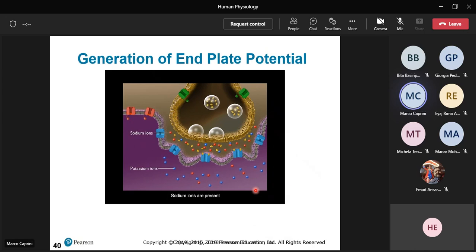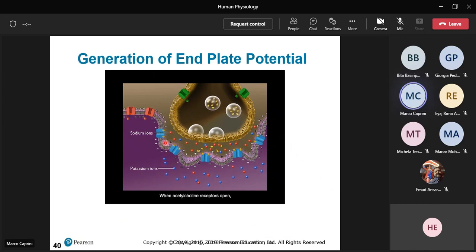Sodium ions are present in a much higher concentration outside the muscle fiber than inside. Potassium ions have a higher concentration inside than outside. In fact, the distribution of these and other ions creates a resting membrane potential, or voltage, across the sarcolemma similar to that of the axon, with the inner surface of the membrane negatively charged.